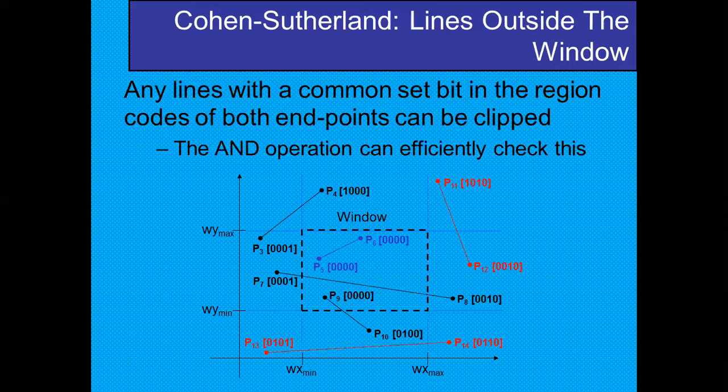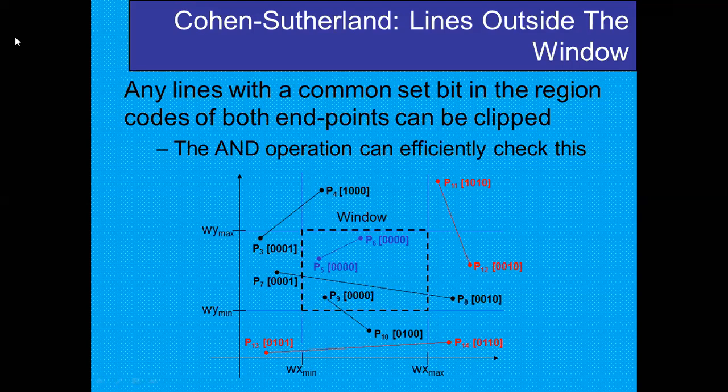Only those line segments which are lying completely inside the window we will retain, and those retained line segments are called the visible part or visible portion. The remaining ones are called the invisible lines.